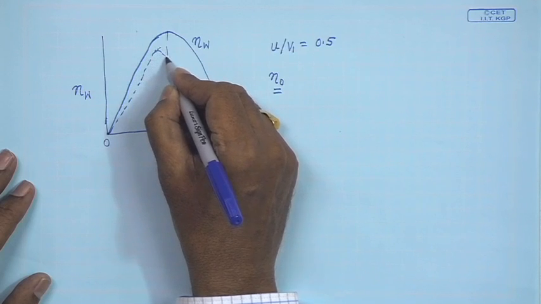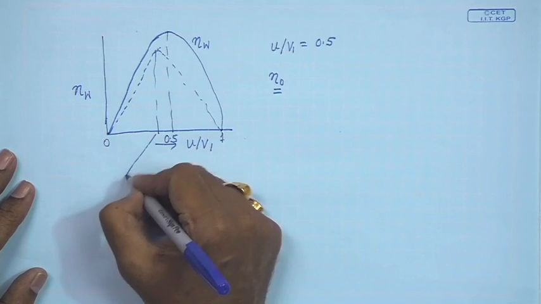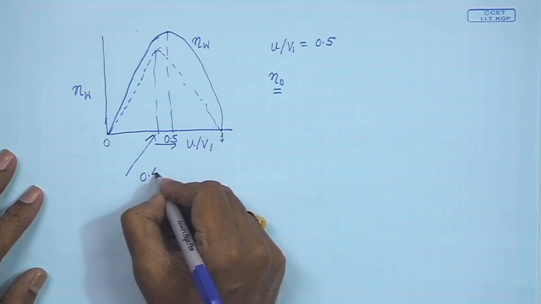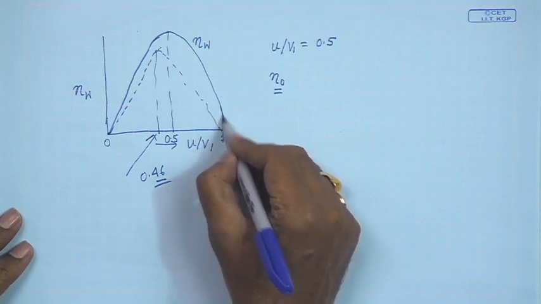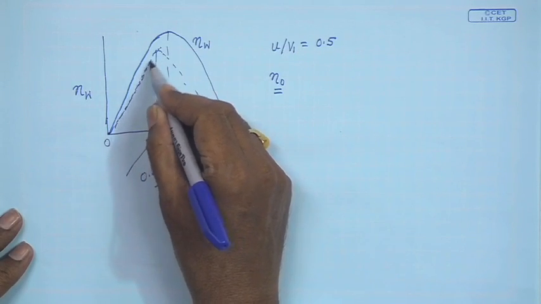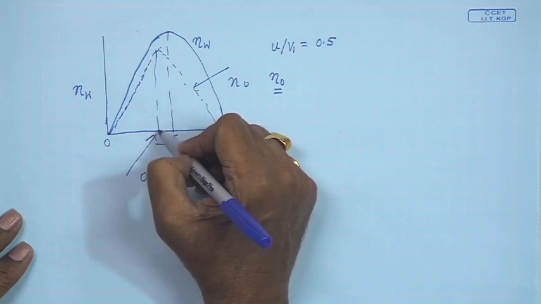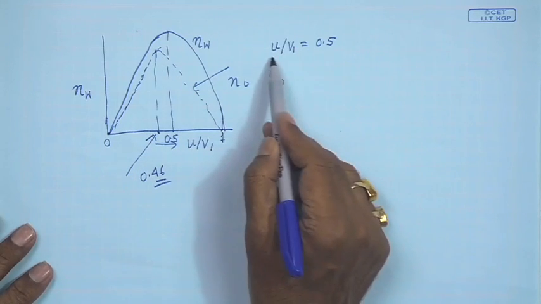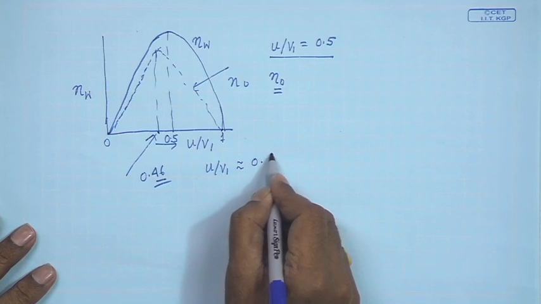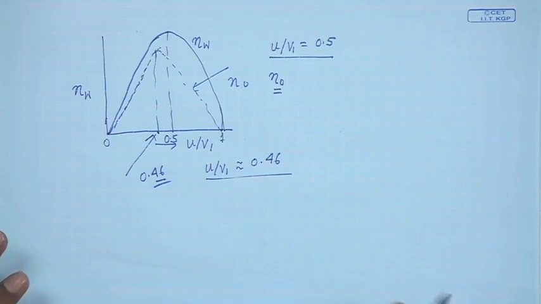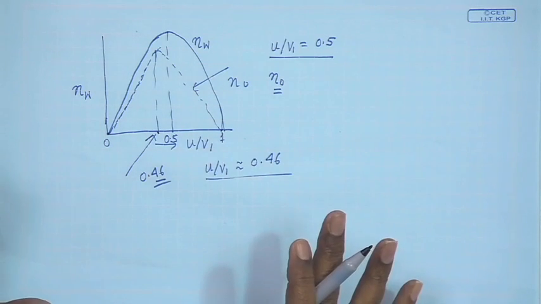Its maximum value is somewhere like this, and the reported value in practice is around 0.46. That means this dotted curve is the overall efficiency eta, which is less than that, and the maximum occurs at a value of u by V1 approximately equal to 0.46. Okay, that is the concept behind this efficiency.